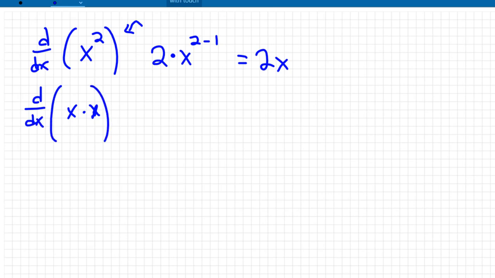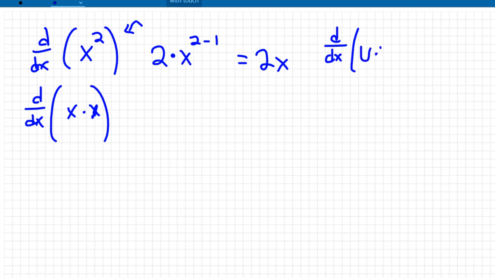We know that these are going to be the answer, but if we use our product rule knowledge, which I guess I should write, that's kind of important. It deals with when you have two unknowns that you're multiplying together. So let's say that u and v are functions of x.